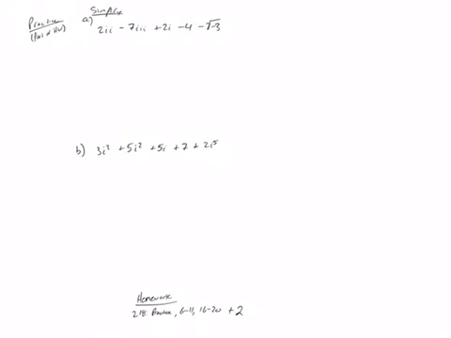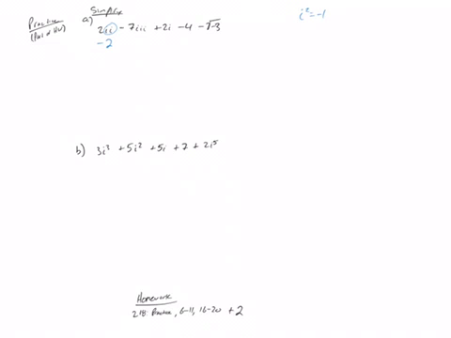Alright, a couple more. Let's simplify these using the principles that we've already talked about. Remember, i times i would just be i squared, so this would be 2i squared. Remember, i squared is equal to -1. So this piece right here is just going to be -2.